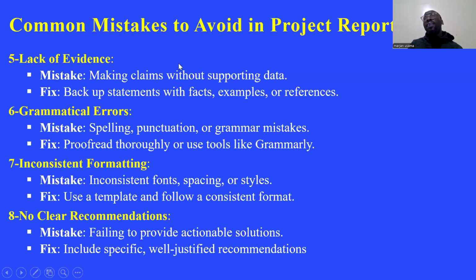Number 5, lack of evidence. Some students, when they're presenting their work, they don't have the references, they don't have supporting documents. So always ensure you have references. Another error is grammatical error, always check spellings, punctuation, proofread your work before submitting.